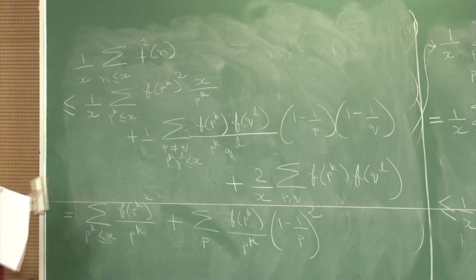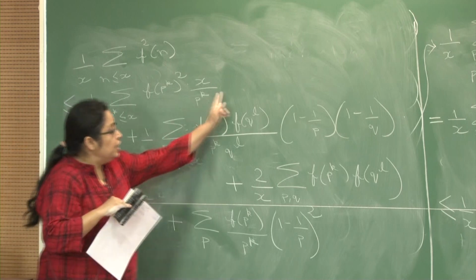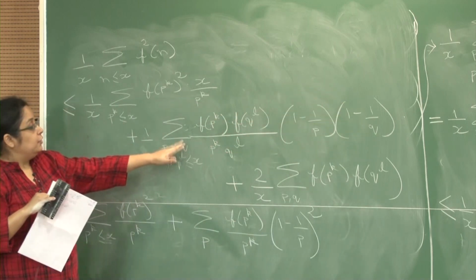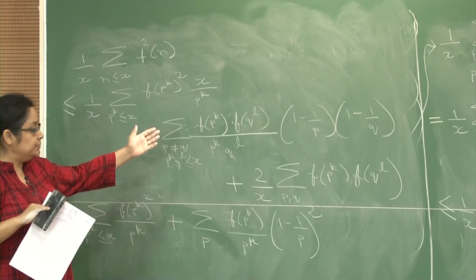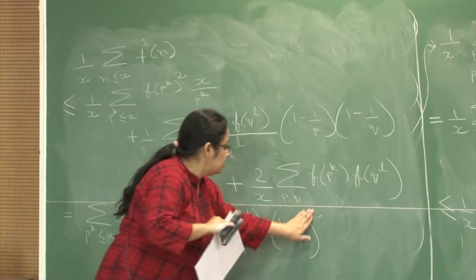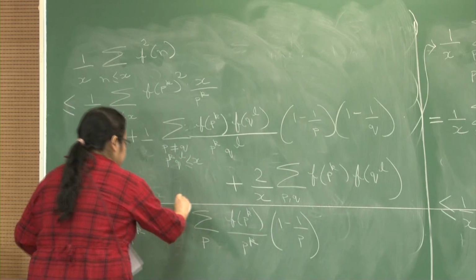If f is a non-negative function, to this sum you can add a bunch of other non-negative terms in order to get this whole square.